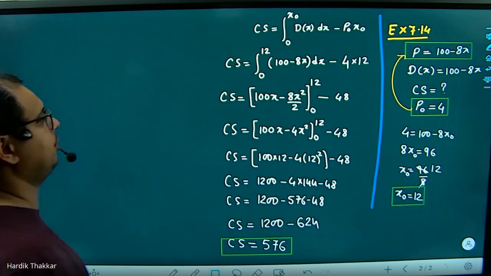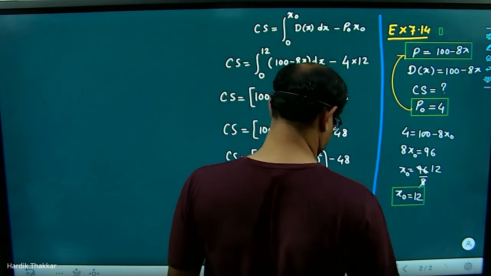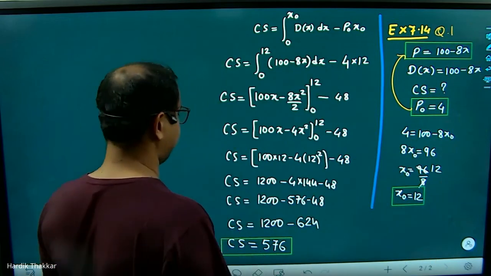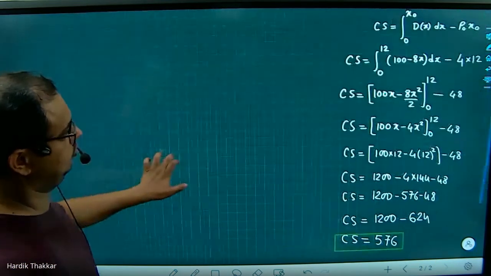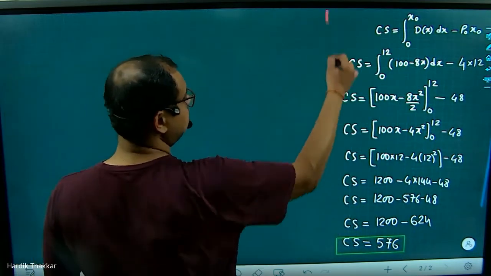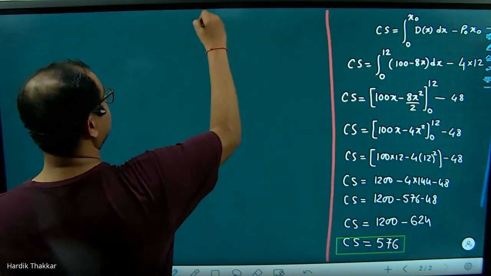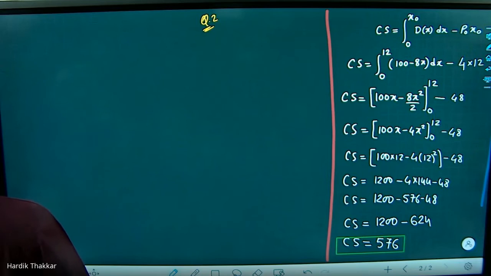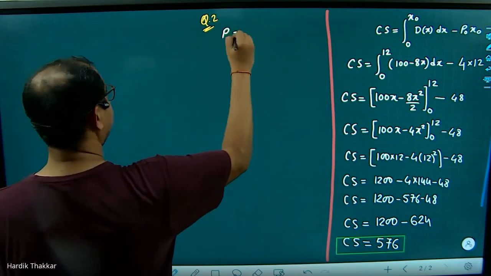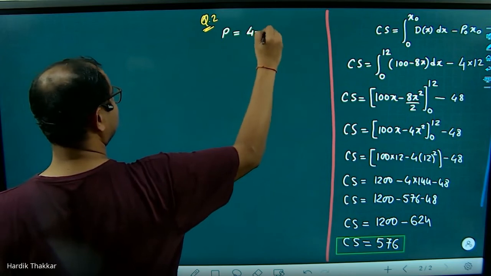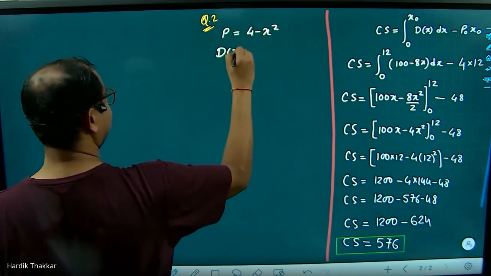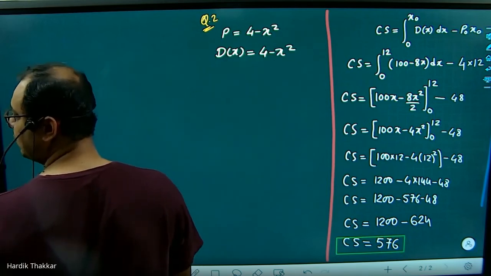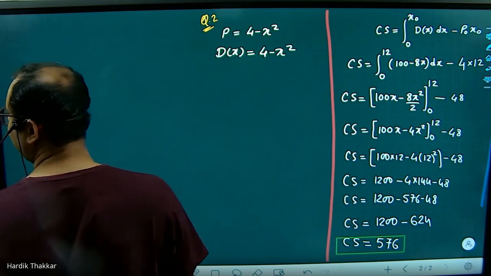Now try the next question. This was question number 1. Now start question number 2. The demand function of a certain commodity is given by P is equal to 4 minus x square. Here it is the demand function, so D(x) is equal to 4 minus x square, correct? Find the consumer surplus when the market demand is 1.